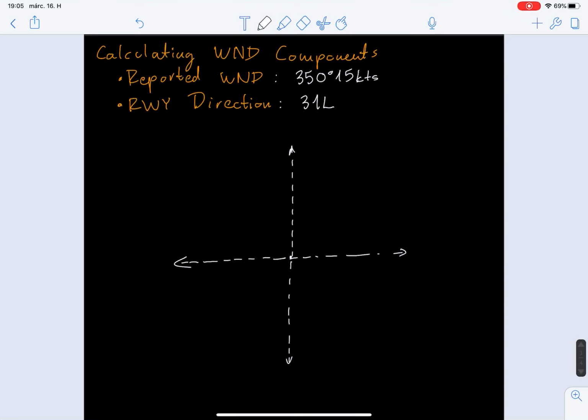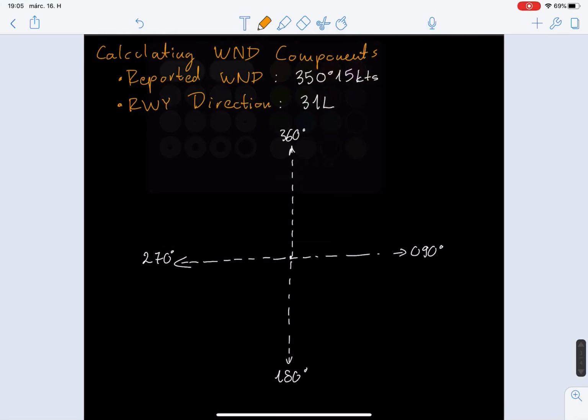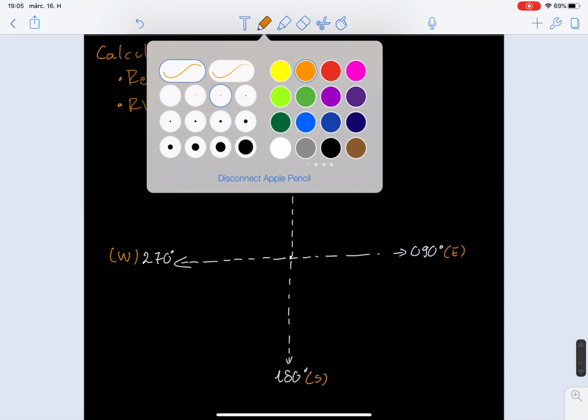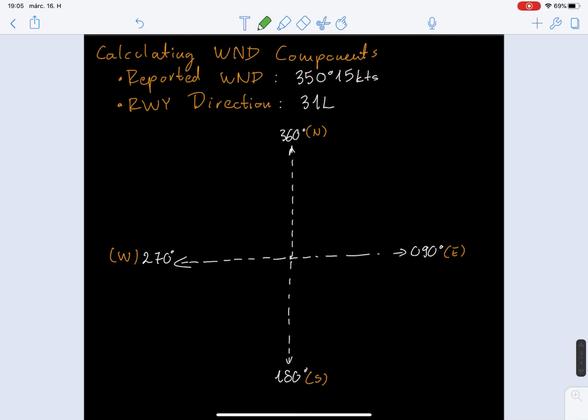So you have 360 degrees, 090 degrees, 180 degrees, and 270 degrees, right? So this would be, of course, north, east, south, and west. And you can start from, let's say, the middle of the cross basically, or of the compass rose.